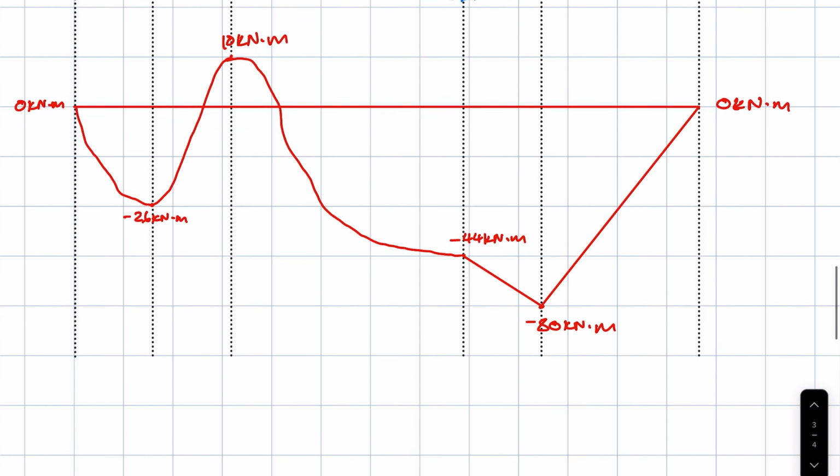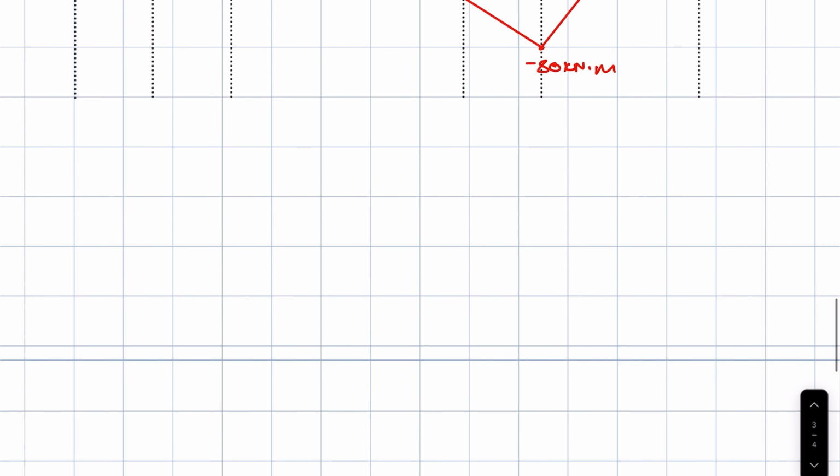So for part E, let's say the bending moment max is equal to what? So we said it's at point C because that's where we have the biggest value of the bending moment calculations.